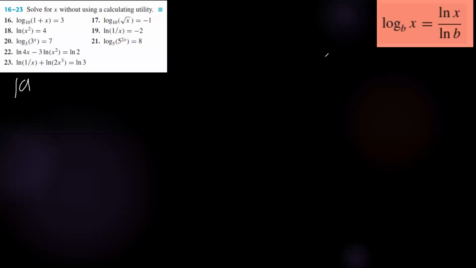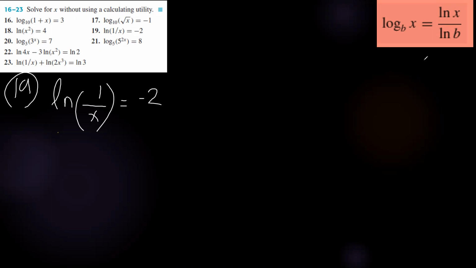In number 19 here, we have ln of 1 over x is negative 2. So here we have an e which is hidden. So e to the power negative 2 is 1 over x. Or we can say that e to the power negative 2, I can rewrite as 1 over e squared, which is 1 over x.